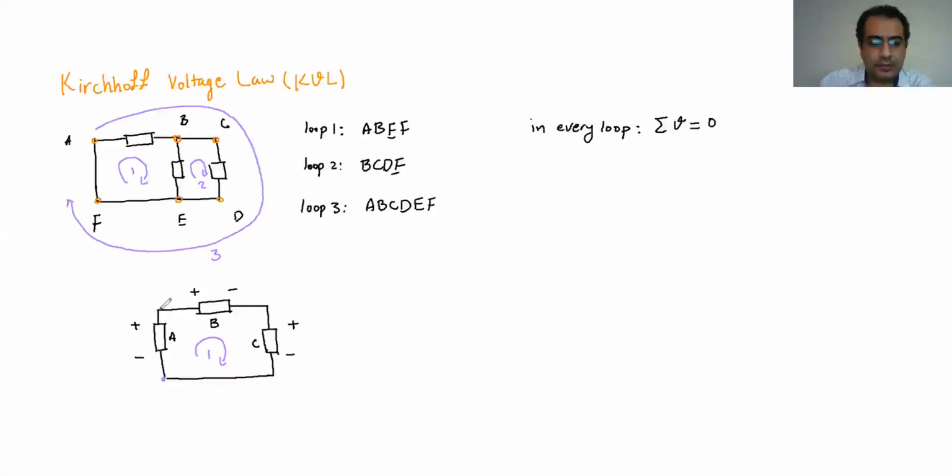You can start from any node, but make sure you go all the way back to that node. So if I write the KVL in loop 1 here, I start from this point here.